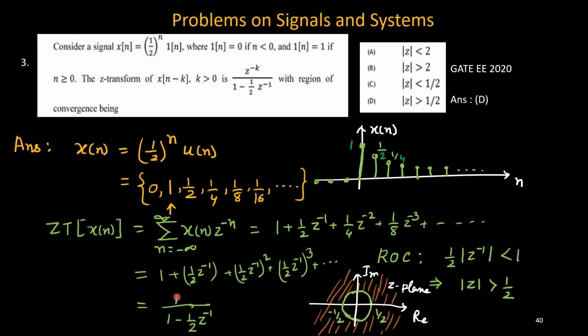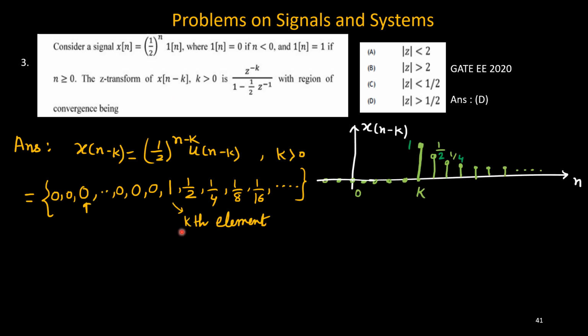The value is 1 upon 1 minus r, meaning 1 over 1 minus half z to the power minus 1. So this is the z transform of x of n only. But we need to find the z transform of x of n minus k. Now we need to understand whether the ROC will change or not for this shifting.